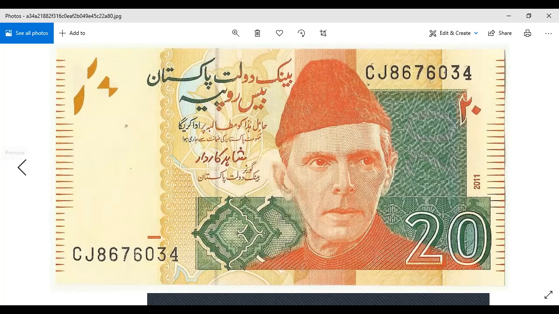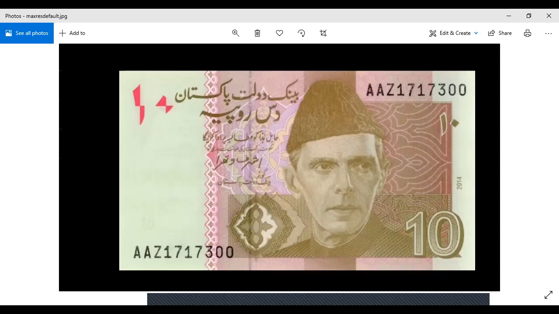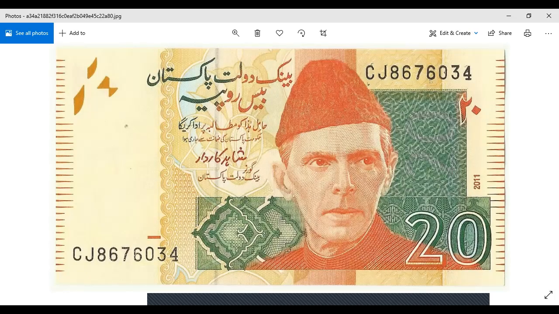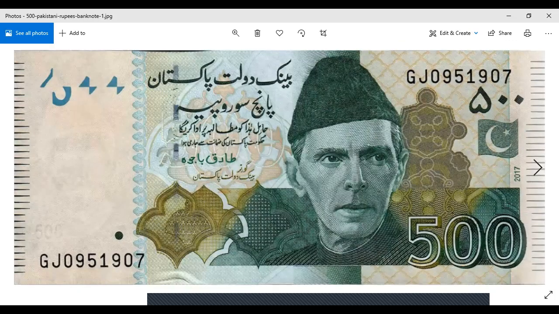If we look again at the 10 rupees note, this number is different, right? Now if you look at this one, this number is again different. If you talk about the 500 rupees note, again the number is different, right? So these different numbers are how they make the notes different from one another. Got it?